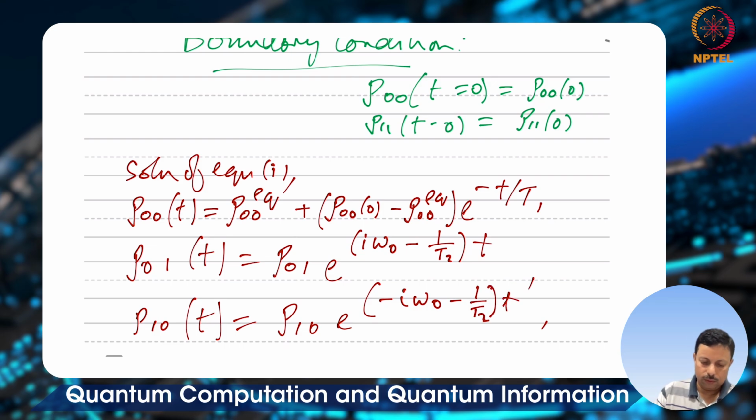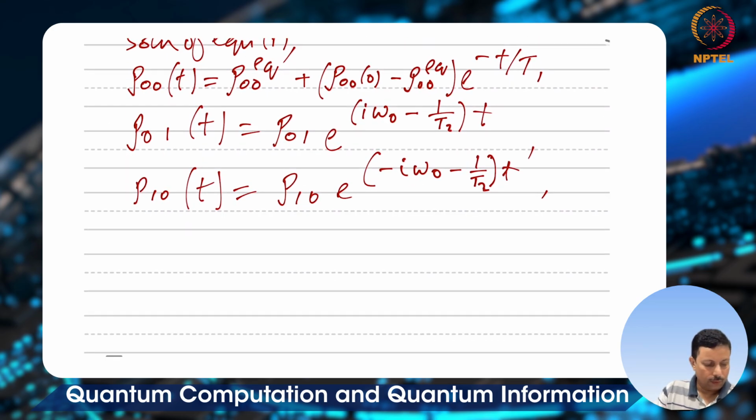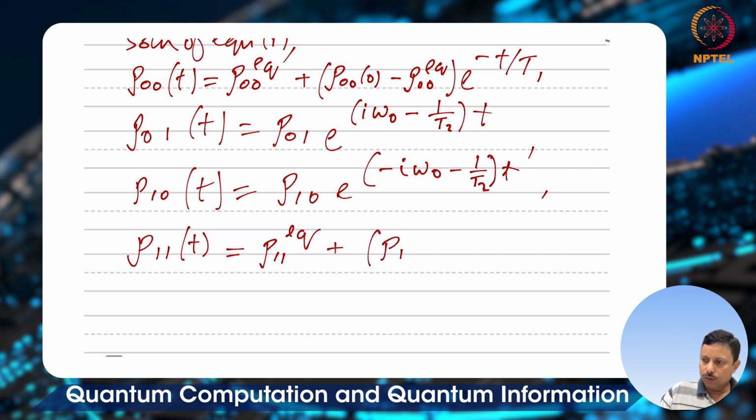And rho 1 1 of t equals rho 1 1 equilibrium plus rho 1 1 minus rho 1 1 equilibrium times e to the power minus t by T1. So the off diagonal elements give you T2 and the diagonal elements T1.